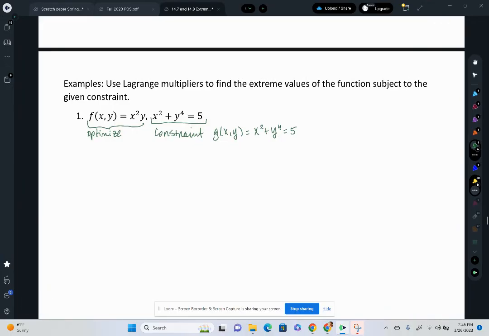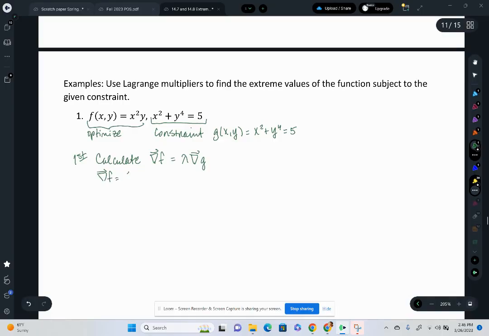The very first thing to do is to calculate the gradient of f is equal to lambda times the gradient of g. So I'm going to set up this equation of vectors. Very first thing is the gradient of f. Remember, the gradient is the vector whose components are the first partial derivatives of your function.